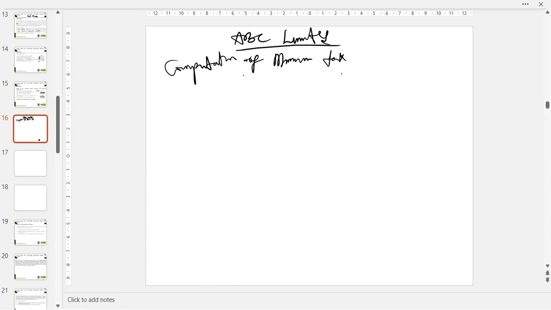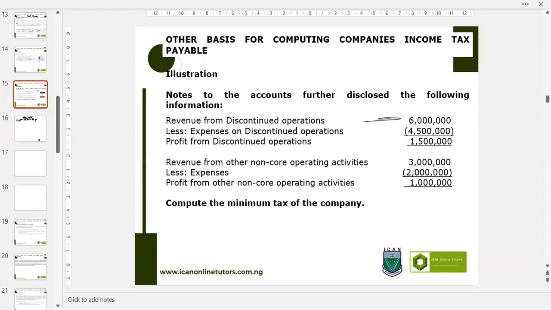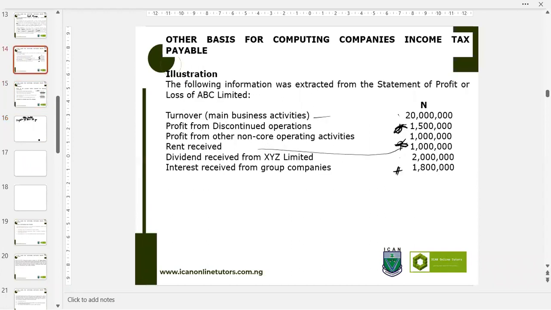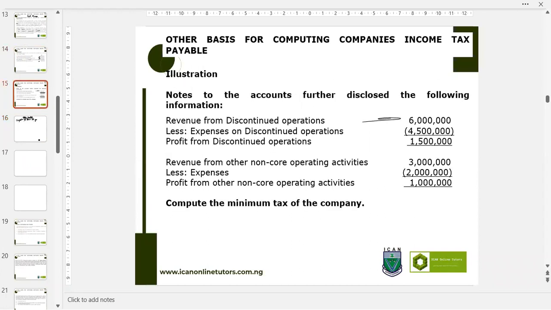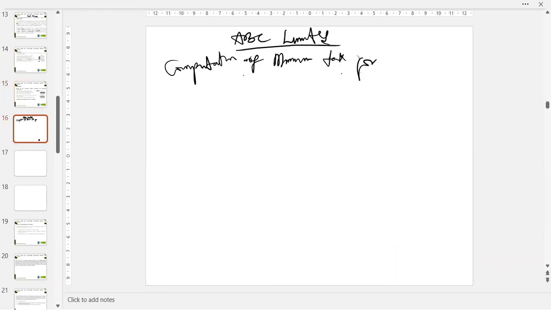Computation of minimum tax for what self-assessment are we doing for? We are not giving a specific year, so for the relevant assessment year.